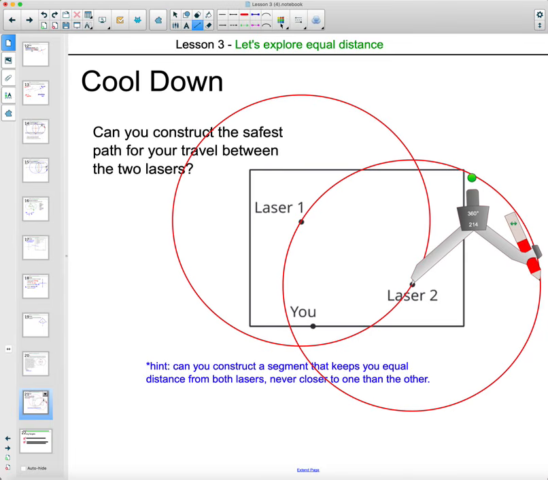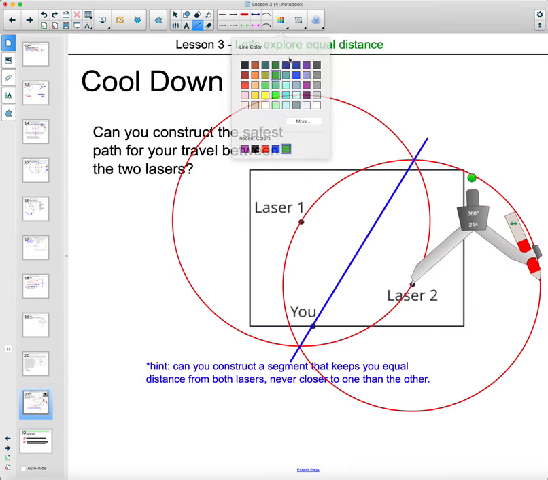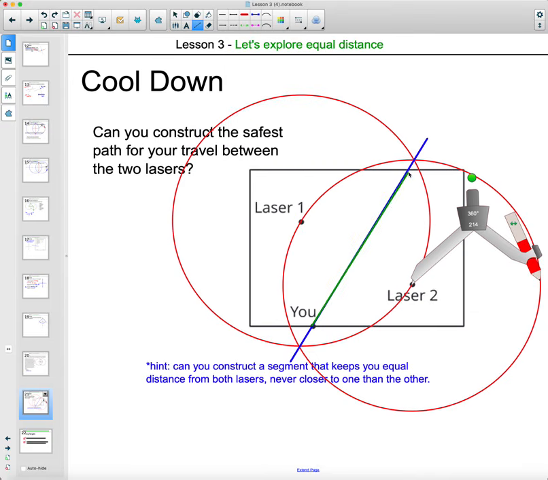This will give you the middle of those 2 points and get you the safest path possible through that hallway. So this will keep you the same distance at all times from both lasers. You will never get closer to one than the other. And technically within this room, this is the actual path. So it would just be from you out of the room. So just on that green line, because then you'd be out of the room.